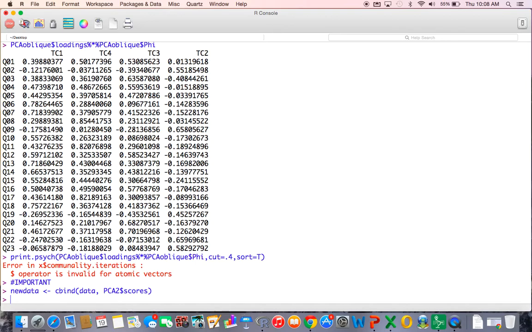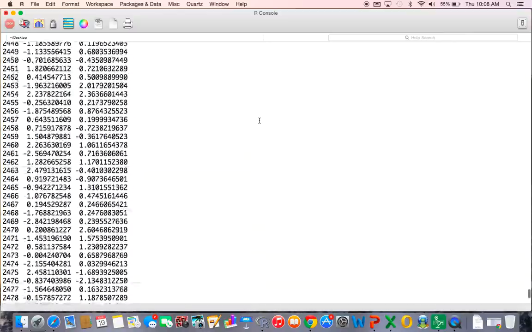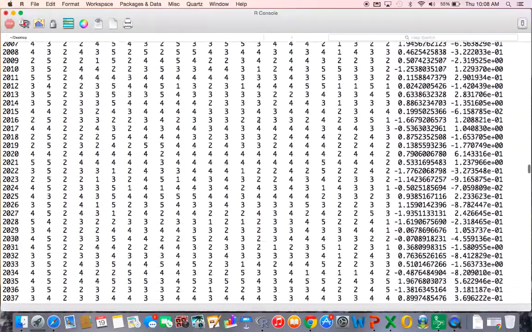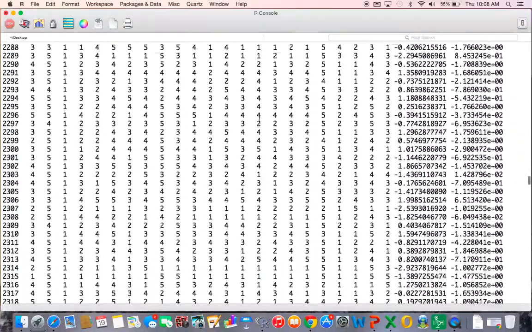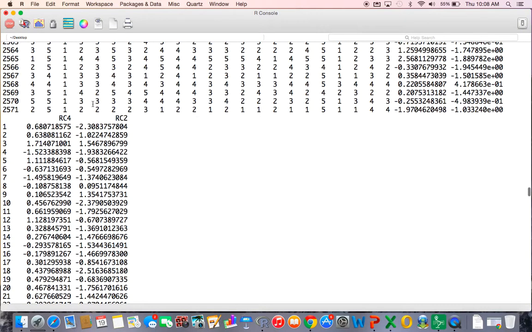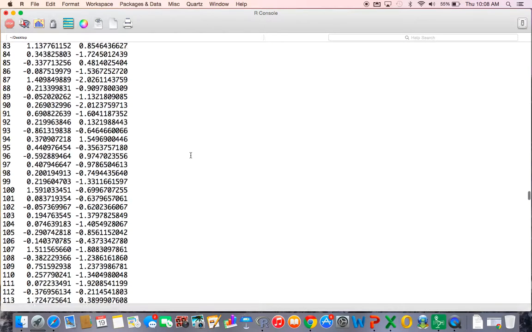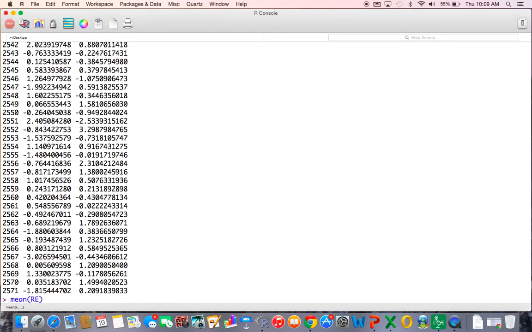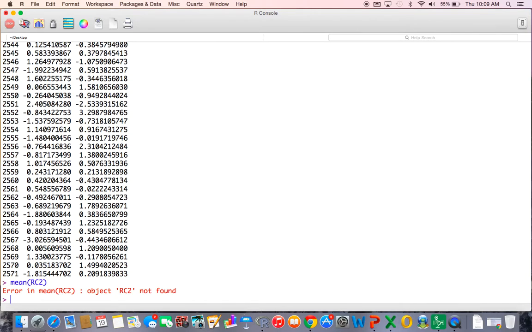Now, what I can see now is I have new data. And it's a little strange because it's a huge data set, when you have this many people who have participated in the 2,571. But the cool thing now is I have a variable called RC2. So if I wanted to find the mean of RC2, I cannot do that. Okay, why not?